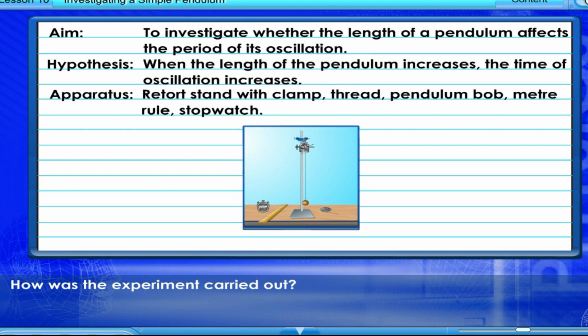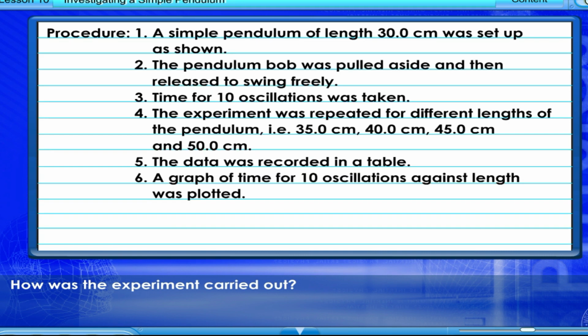How was the experiment carried out? Procedure. A simple pendulum of length 30.0 centimeters was set up as shown. The pendulum bob was pulled aside and then released to swing freely. Time for 10 oscillations was taken.